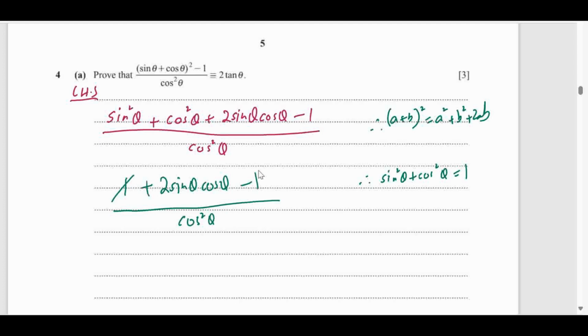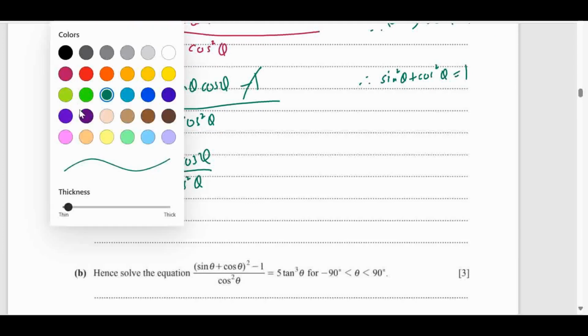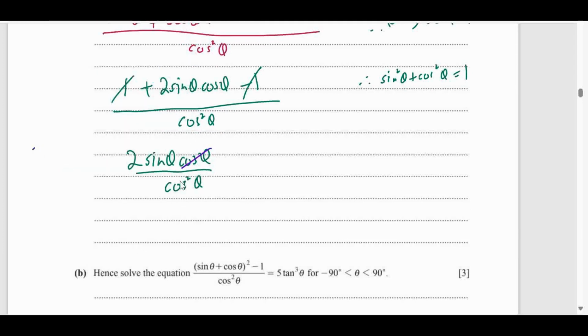Now we can cancel out these two. So this equation will become 2 sine theta cos theta, whole divided by cos square theta. Now we can cancel out one cos theta with this one. This will be 2 sine theta by cos theta.